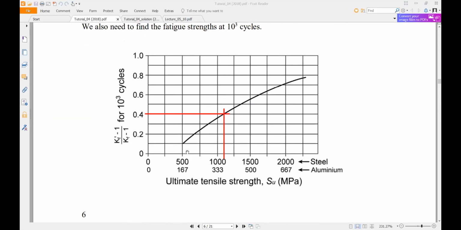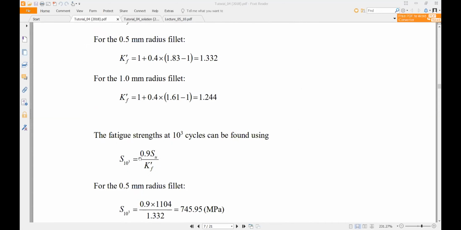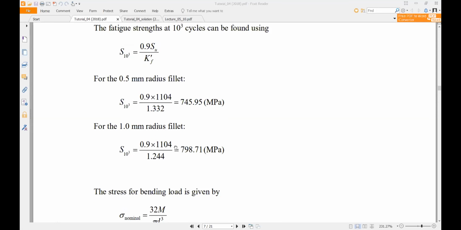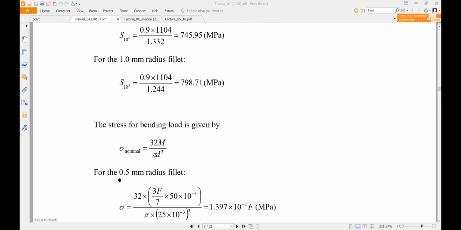Because the K prime, then you can use that K prime value to find the 10⁶ cycle strength. So use this equation, find the 10⁶ cycle strength for both pillars. Then you can use the equations, this equation available at the graph. So use that equation. So you can find the stress using those equations, bending moment.